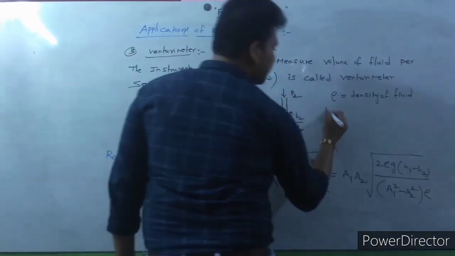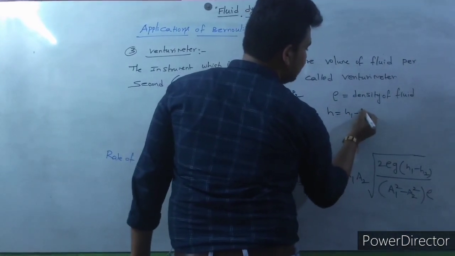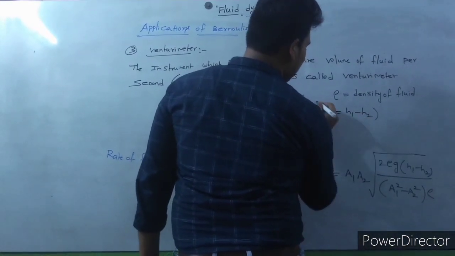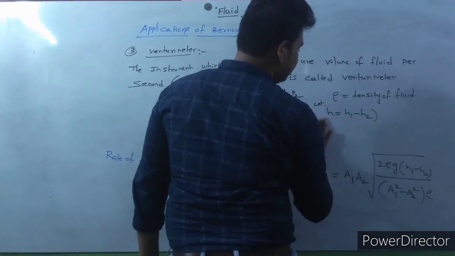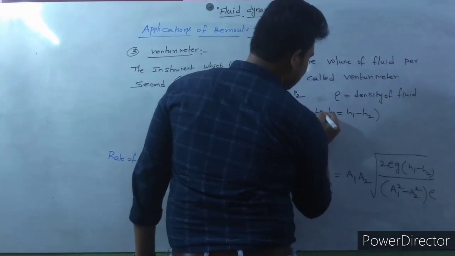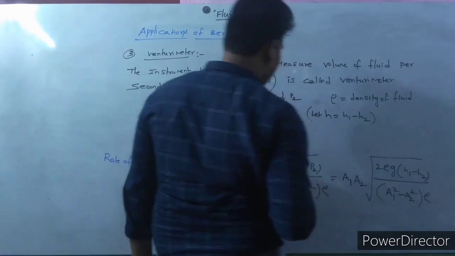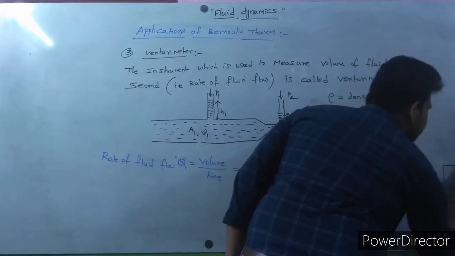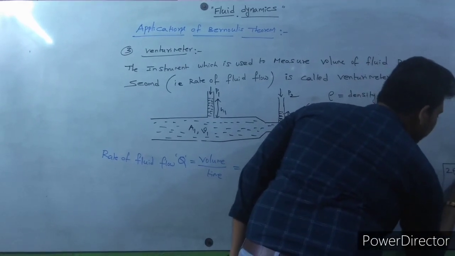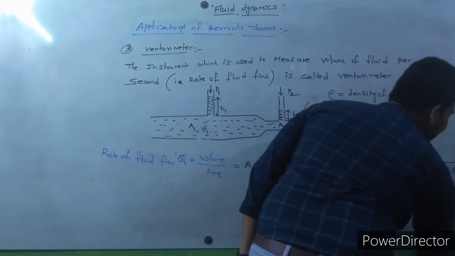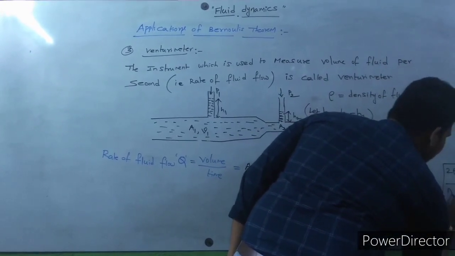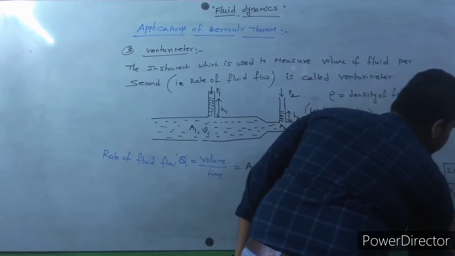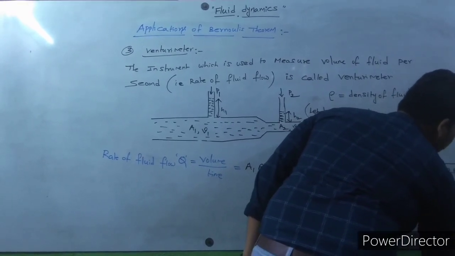So let us consider H is equal to H1 minus H2. Then this formula changes to 2 into rho into g into H by (A1 square minus A2 square) into rho.